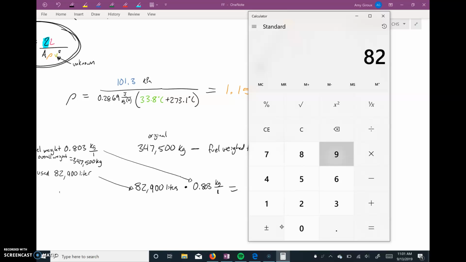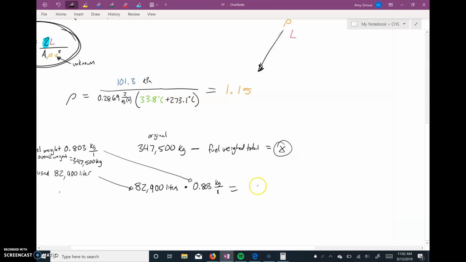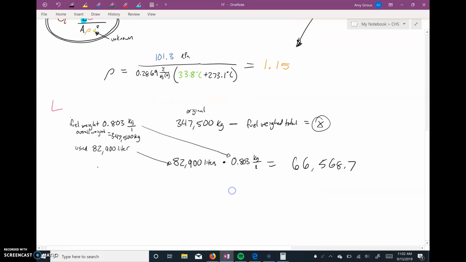So we have 82,900 times 0.803, which is 66,568.7.